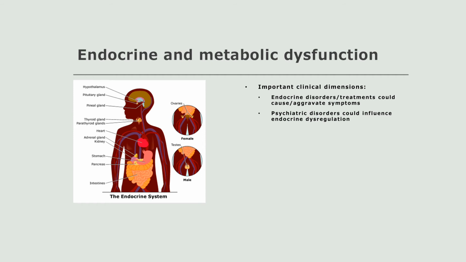For instance, depression has been shown to impair glycemic control in diabetes and to worsen insulin resistance. Three, psychiatric medications will, in most cases, cause endocrine side effects including hypoglycemia, hyperprolactinemia, hypogonadism, hypothyroidism, and hyperthyroidism, just to name a few.